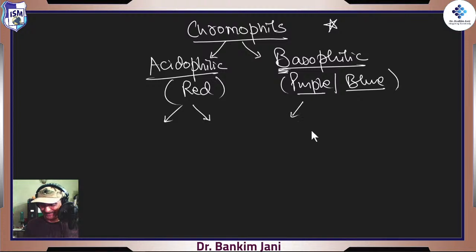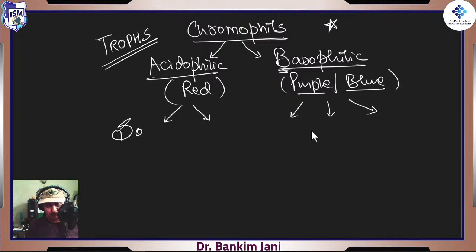So over here, acidophilic and basophilic. In acidophilic, the cells are called somatotrophs. All the cells will be called trophs, as if they are trophies. So somatotrophs, lactotrophs. We'll just write capital T here so that it is conveyed. Somatotrophs release GH, growth hormone.